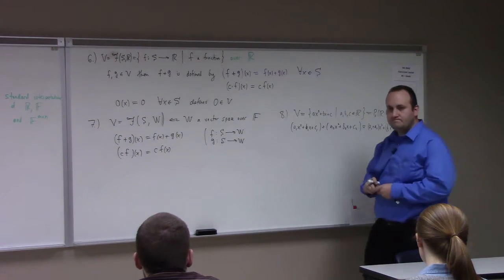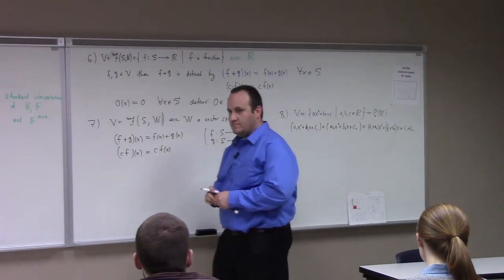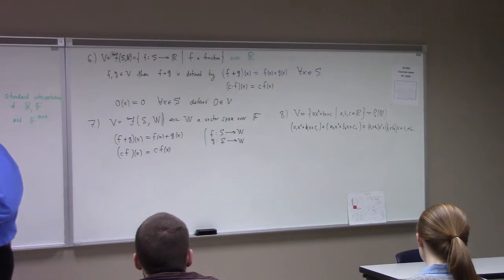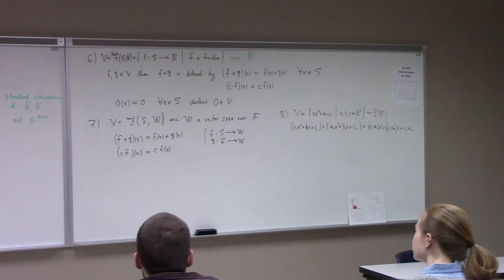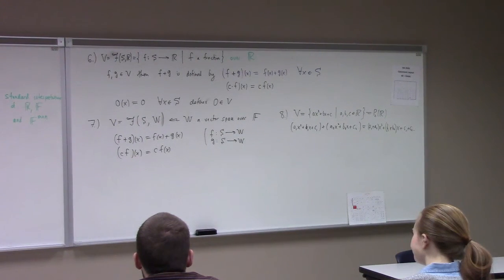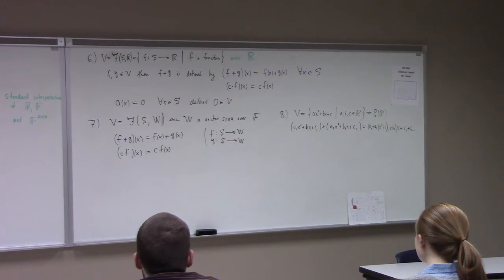Right? What's the scalar multiple of a polynomial? Multiply the coefficients like you've been taught, right? In some sense, this is really a special case of 6, taking S to be the reals and thinking of functions as polynomials.